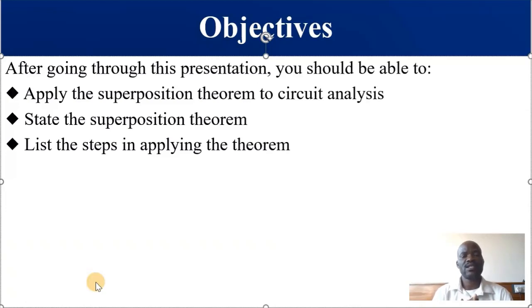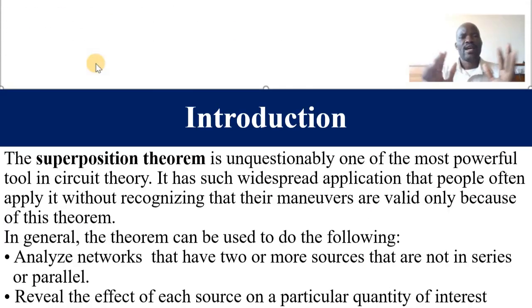The second objective, you must be able to state the superposition theorem. Then you must be able to list the steps in applying the theorem. Just 3, and as usual, guys, you have my assurance that you'll be able to do 1, 2, 3 after this very short presentation.